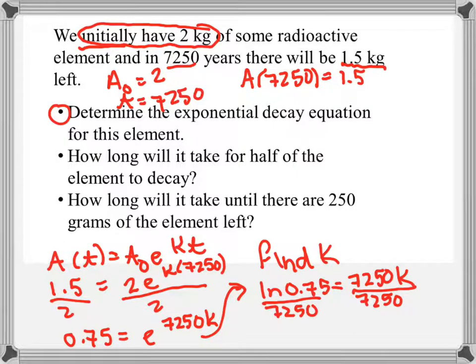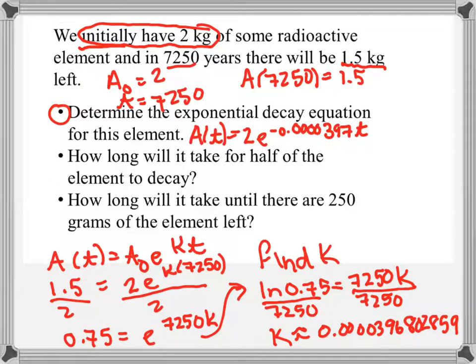We'll divide both sides by 7,250. k is approximately equal to 0.0000396802859. In my calculator, I would probably leave the whole thing, even though I will write the decimal or part of the decimal here.